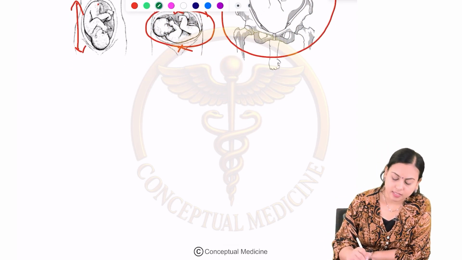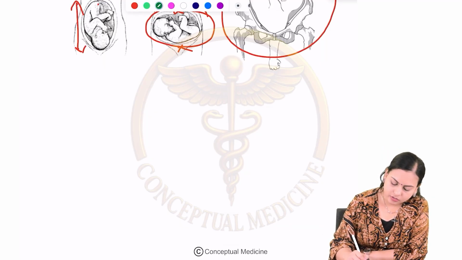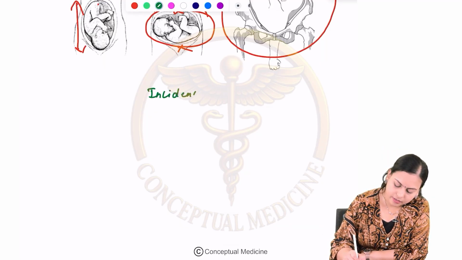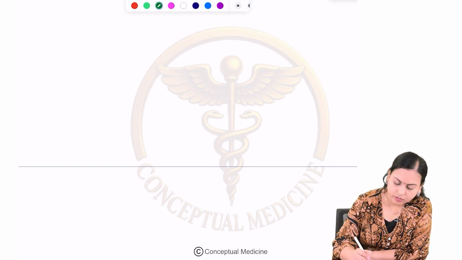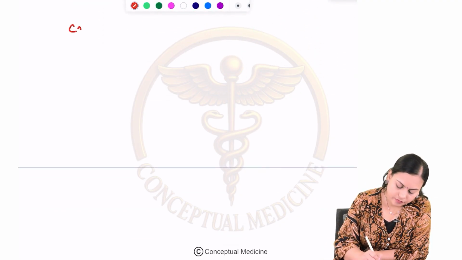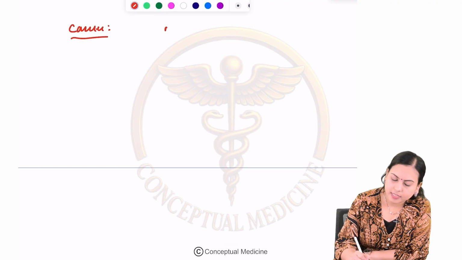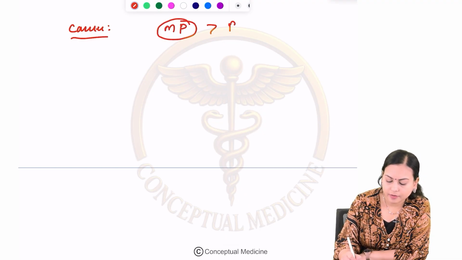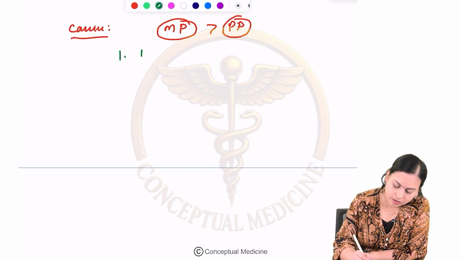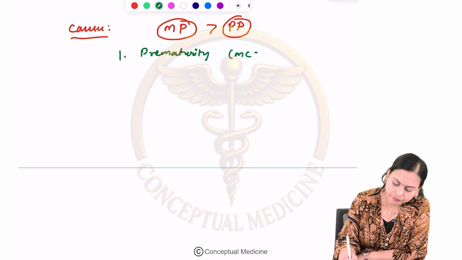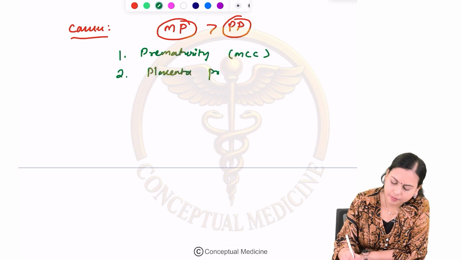Now, we will see the incidence. Incidence of shoulder presentation is 1 in 500 deliveries. What are the causes of shoulder presentation? This is most commonly seen in multipara when compared to primipara, and other causes may include prematurity of the fetus, which is the most common cause, followed by obstructions like placenta previa.